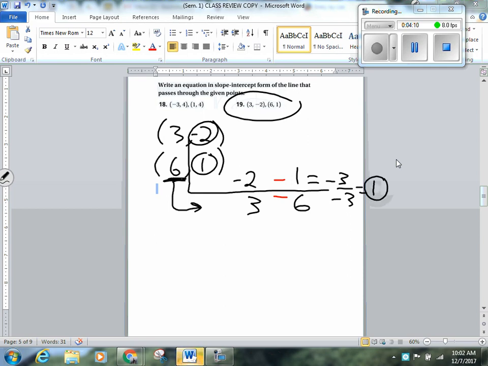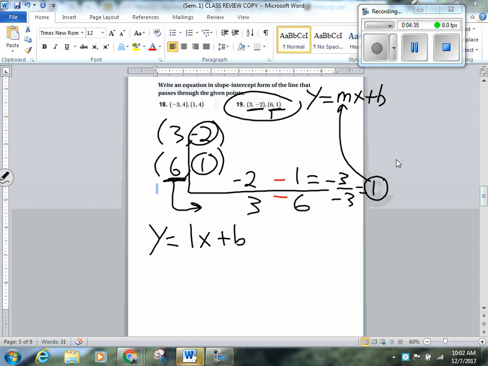Just like before, I'm going to use y equals mx plus b. I'm going to put the 1 in for the slope. So now I have y equals 1x plus b. I can use any set of numbers. These guys have a negative number. These guys have both positive numbers.